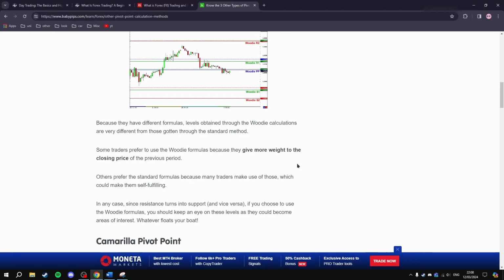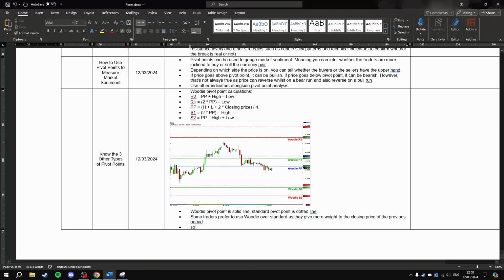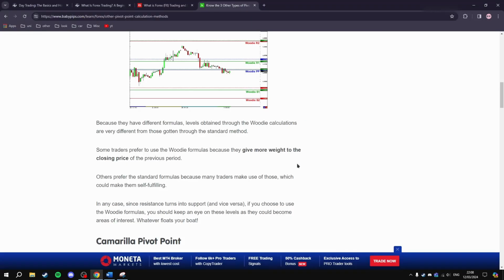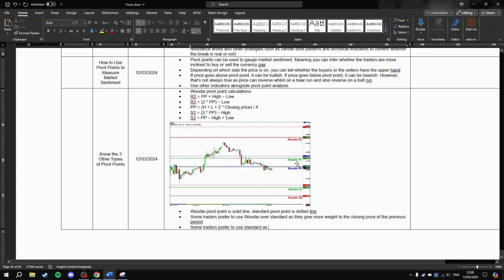Others prefer the standard formulas because many traders make use of those, which could make them self-fulfilling. Some traders prefer to use standard as it's common amongst many traders.